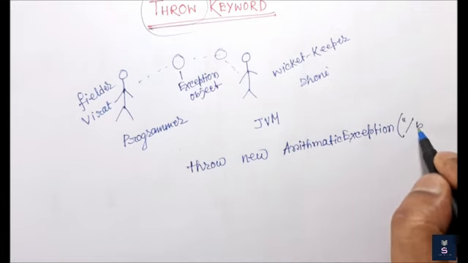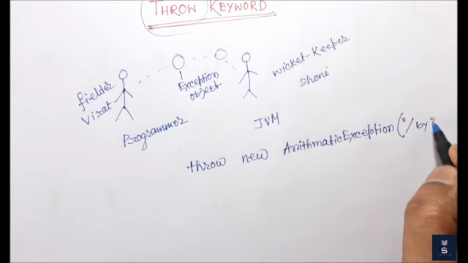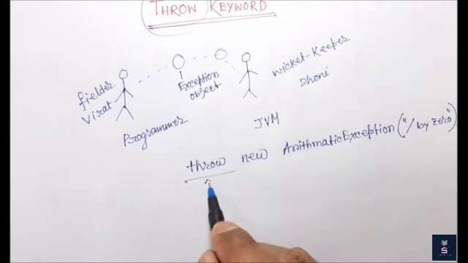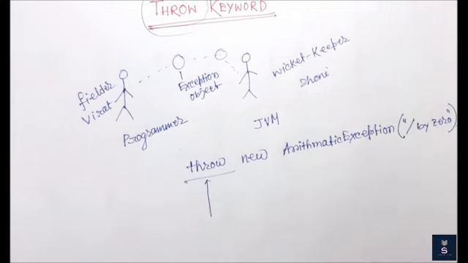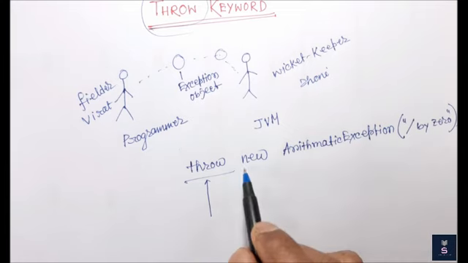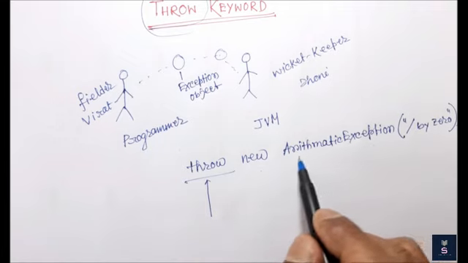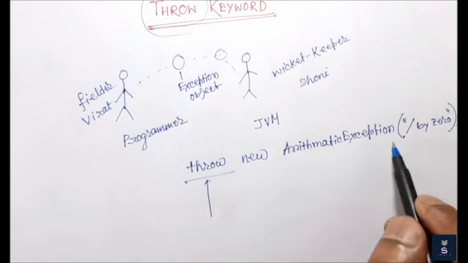For example, we have seen divide by 0. That string is passed as an argument. Here throw is a keyword, and we know how to create an object: we create an object using the new keyword, and this is the exception class, ArithmeticException.